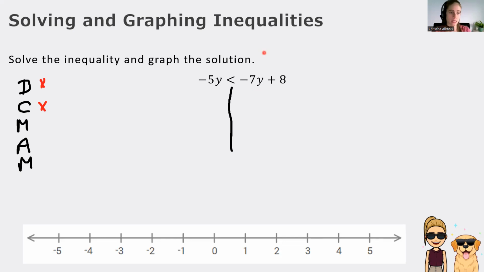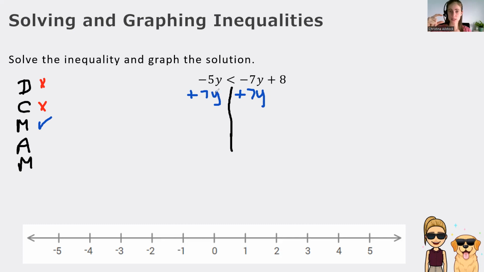It technically doesn't matter. So we are going to move our variable, and because we're moving to the other side, that means we need to do the inverse. Whenever we cross that line, we have to do the inverse. So the inverse of a -7y would be a positive. So we're going to add 7y to both sides. -5 plus 7.